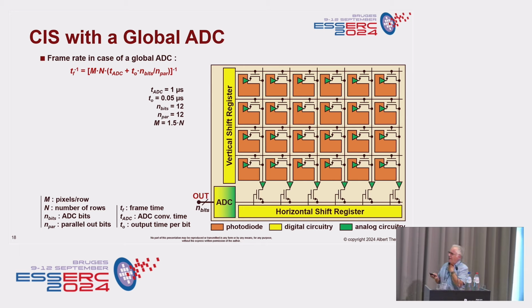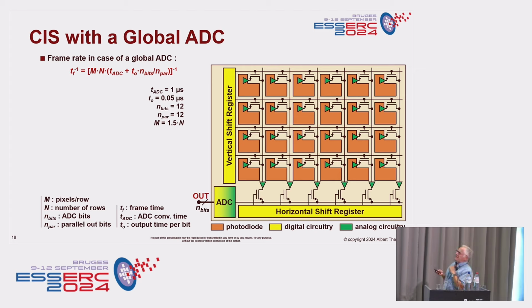If we have an ADC at the output, I'm using the following parameters. The conversion time of my ADC is 1 microsecond, so it takes 1 microsecond to convert an analog signal into a digital signal. But once you have the digital information, the bits available, you need to spit them out, so to say, take them off chip.